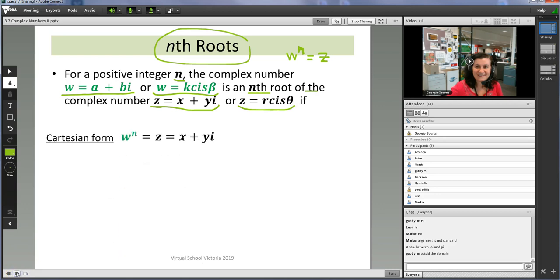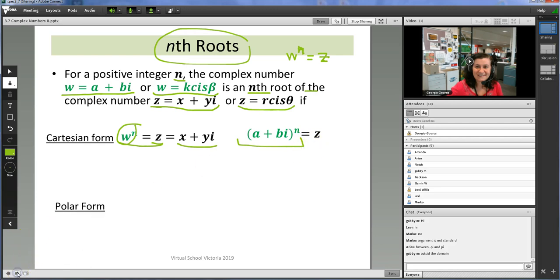We've got w to the power of n is equal to z, and z is equal to x plus yi in Cartesian form. Now finding the nth root in Cartesian form is really, really difficult, but we have De Moivre's theorem. So we know from De Moivre's theorem that w to the power of n is equal to z, and w can be expressed as a plus bi to the power of n is equal to z.